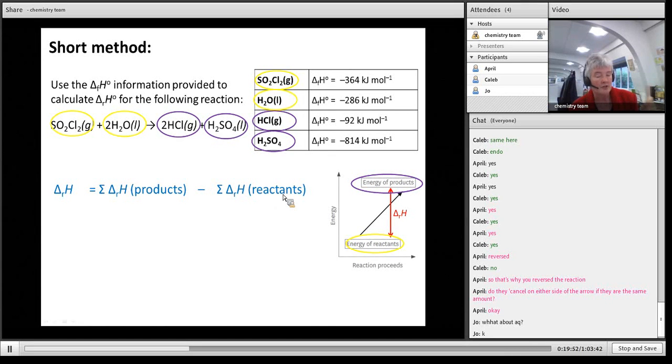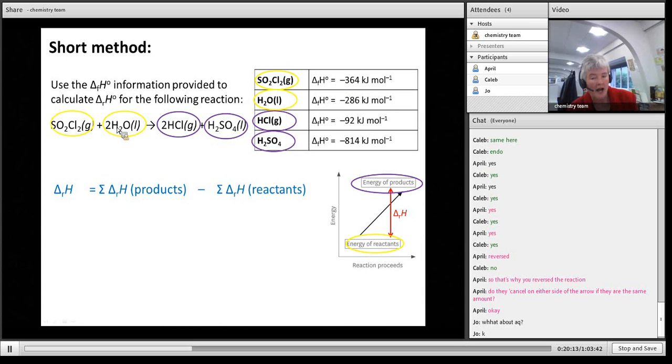There is, though, one step I haven't said, and that is you've got to look at the numbers in front of the substances. Okay, that's 1. So if I form 1 SO2Cl2, I get given that amount of energy. So that's fine.